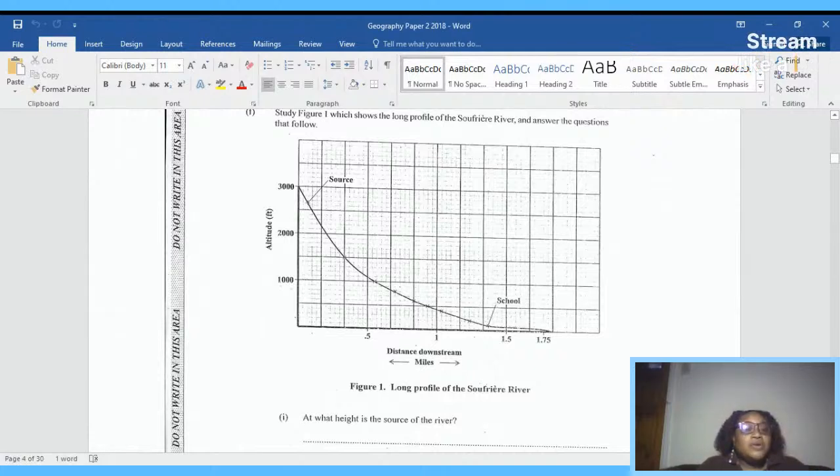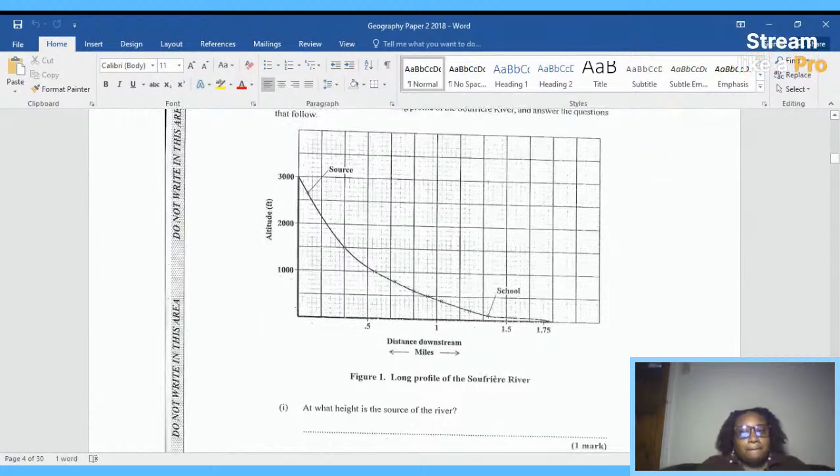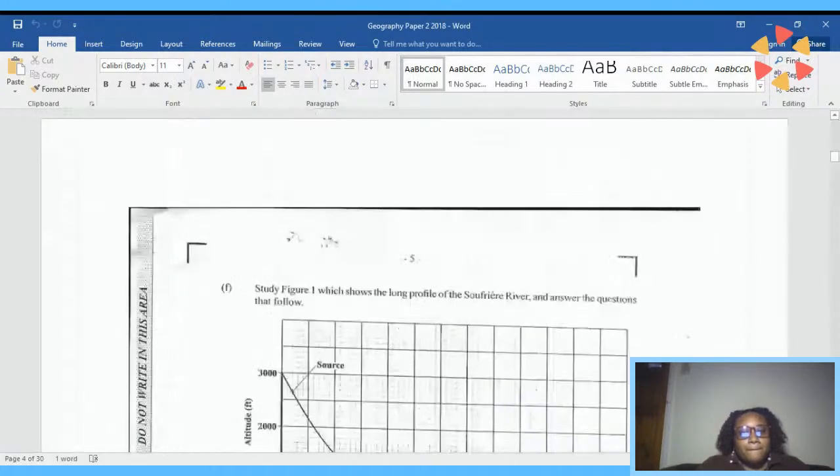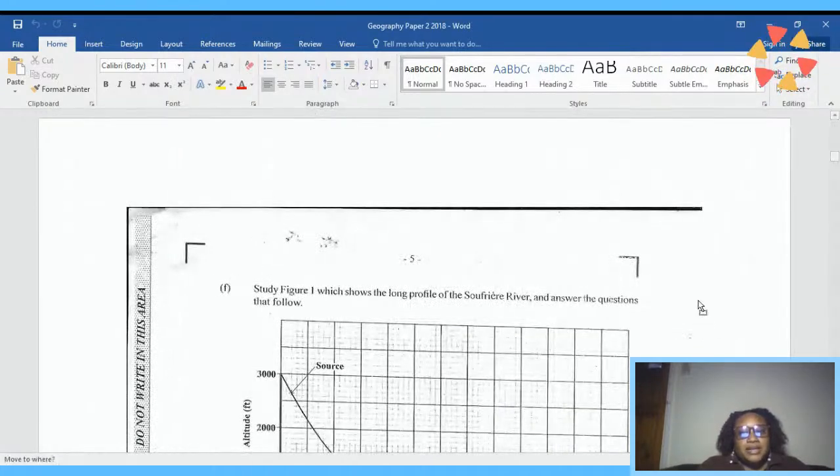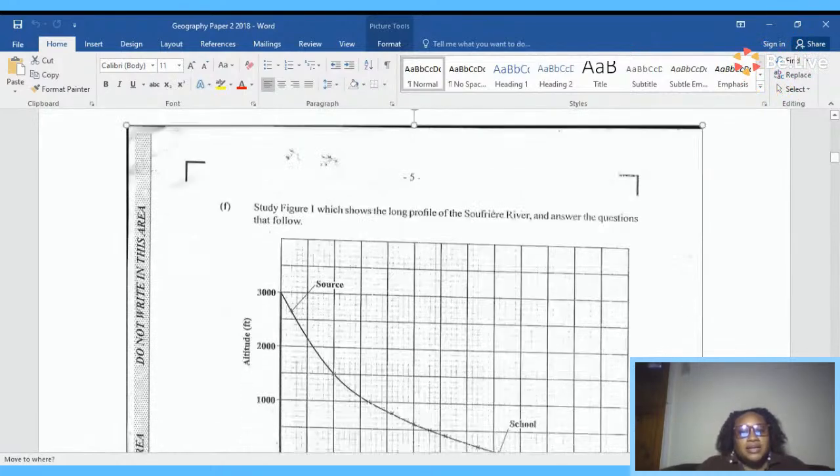What I want you all to do, if you have the 2018 paper, can you please download it so that you can see it and you can give me the answers? So the first question is asking, at what height is the source of the river? So I'm zooming in a little bit so that you all can see better.